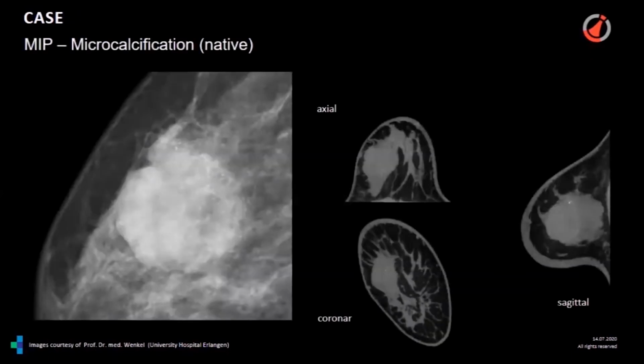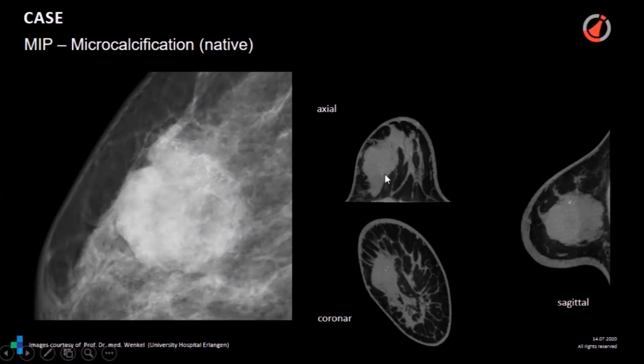In this case, for example, you see the strength of the method because it's the first time you see the tumor, which is depictable on the plain mammography, and the corresponding CT images without contrast show you the tumor.